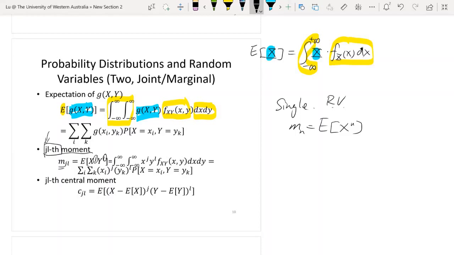For the JL's moment, there's a special case you must know. When J equals 1 and L equals 1, this JL's moment becomes the first order moment, and M11 equals E of x to the power of 1 times y to the power of 1. Calculation is your homework. You can do that by yourself.